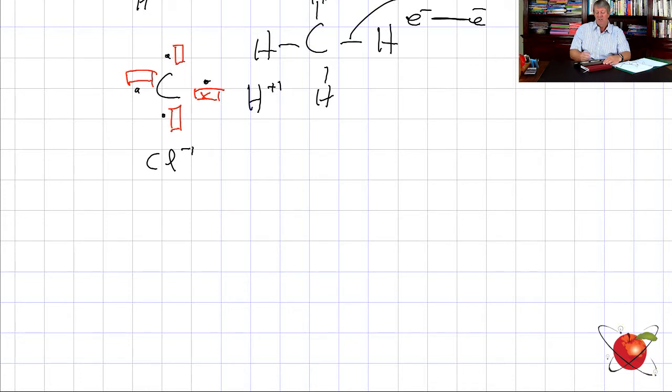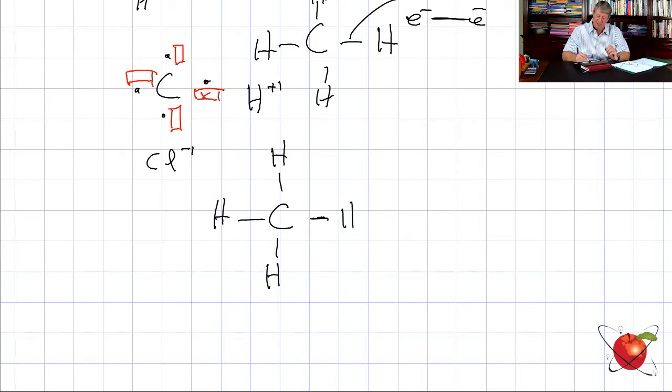So carbon can bond with a plus or a minus. Carbon has 4 possible bonding units. Generally speaking, we're going to start off by looking at H's around it.